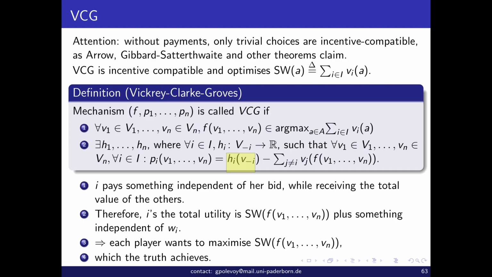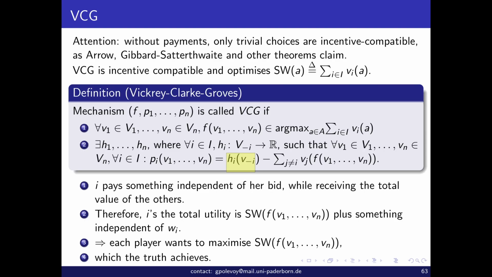I pay this h_i, and together with the payment I eventually receive social welfare of what has been chosen minus h_i. Now h_i is independent of my bid. What is dependent is the social welfare of what has been chosen.